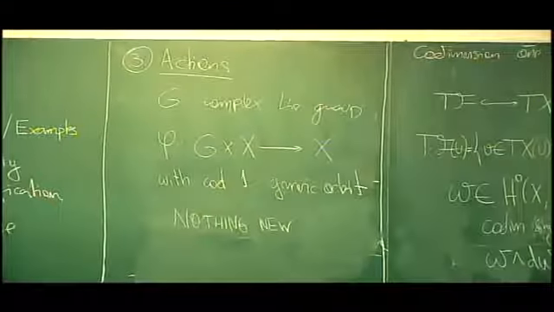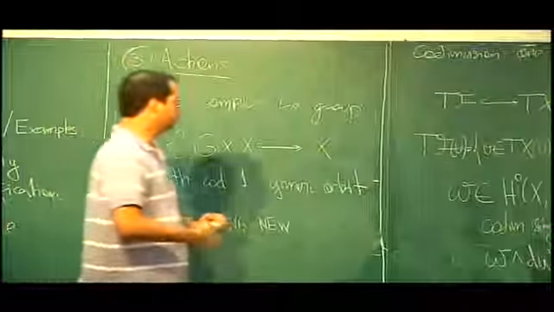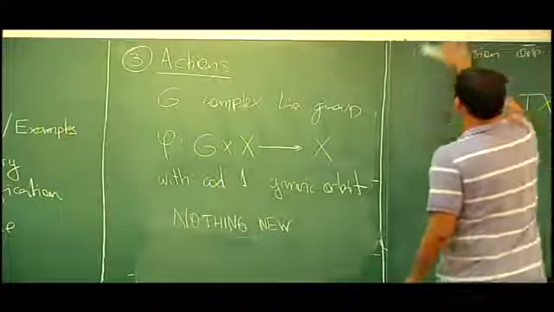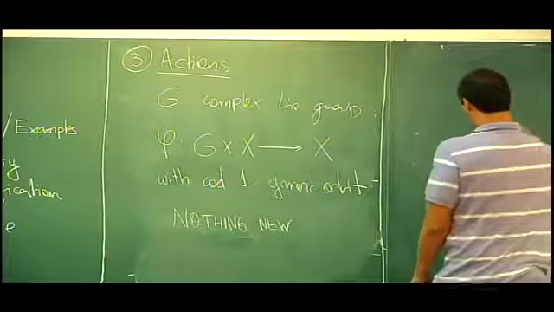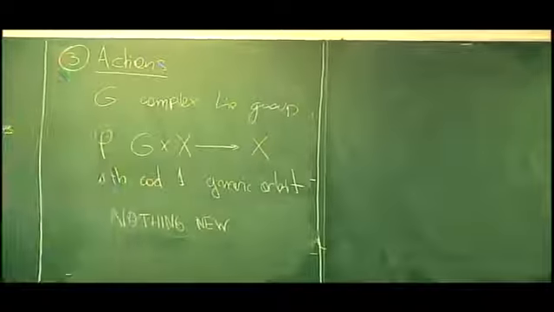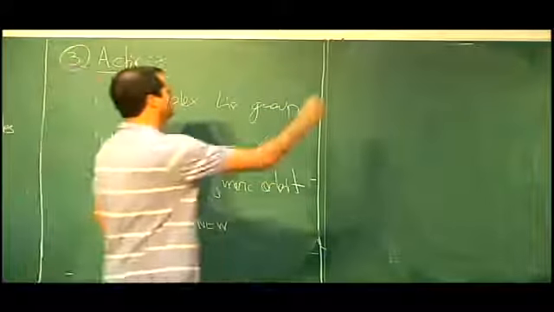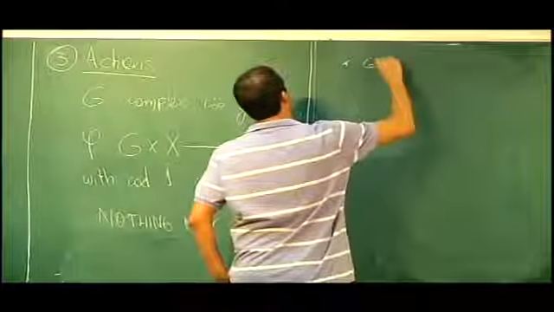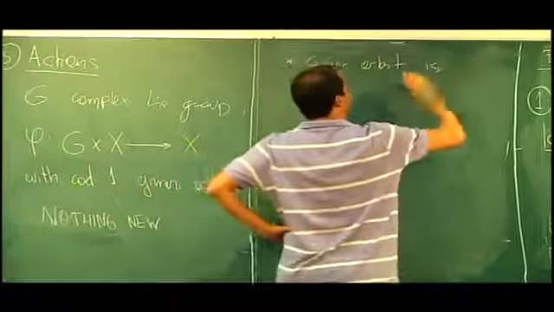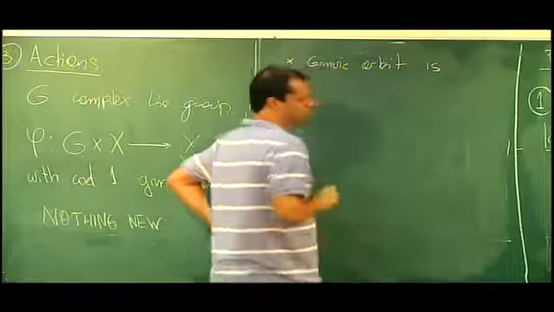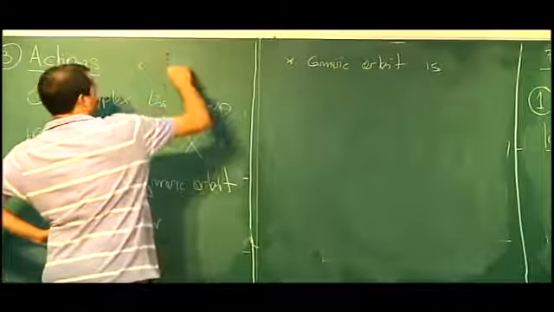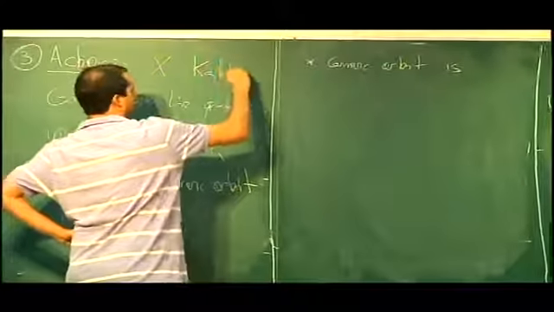And the reason is very simple. It's just that we have to analyze two cases. The first case is that the generic orbit is, here you have to put a hypothesis, X scalar, or projective if you want.